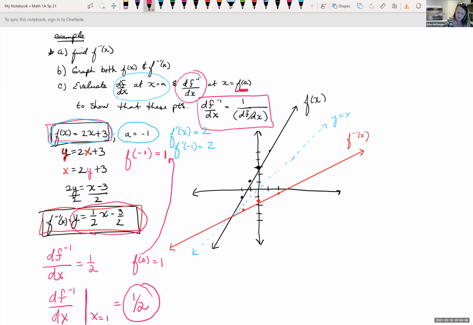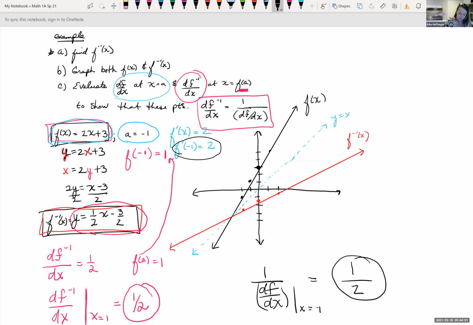Notice if I put 1 over df dx at x equals -1, this is equal to 1 over 2, which is the same thing that we got here. And that's what we wanted to show.